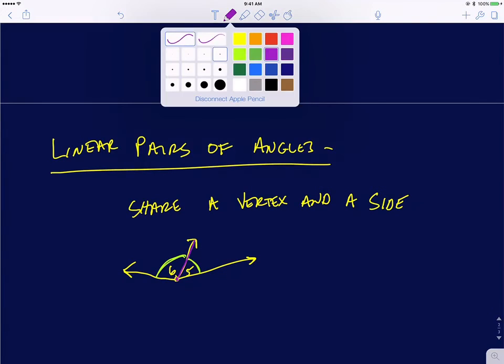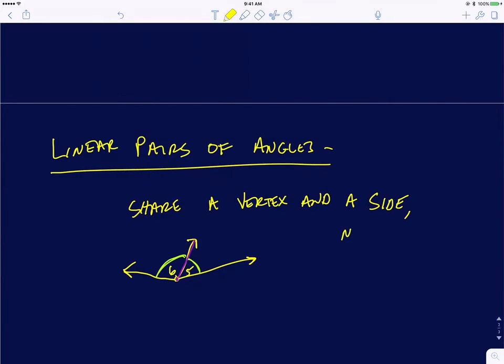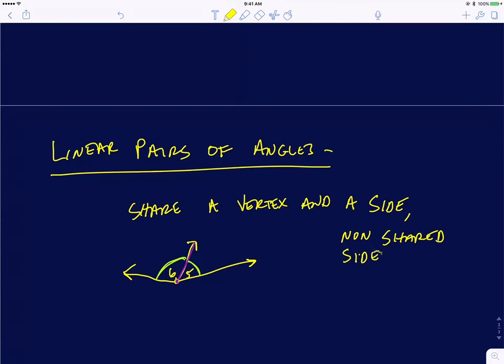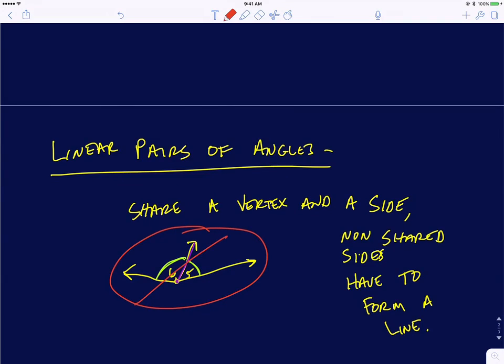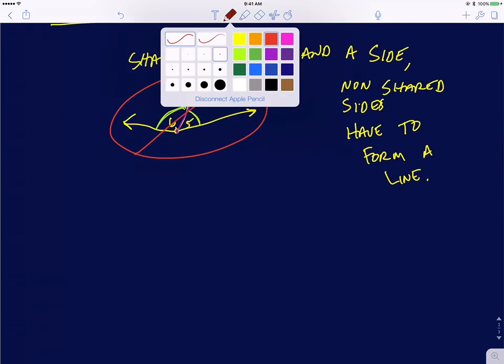So far they fit our definition, but then the non-shared sides, those other sides, have to form a line, meaning they have to be straight. Those clearly do not, so this is not a linear pair of angles.